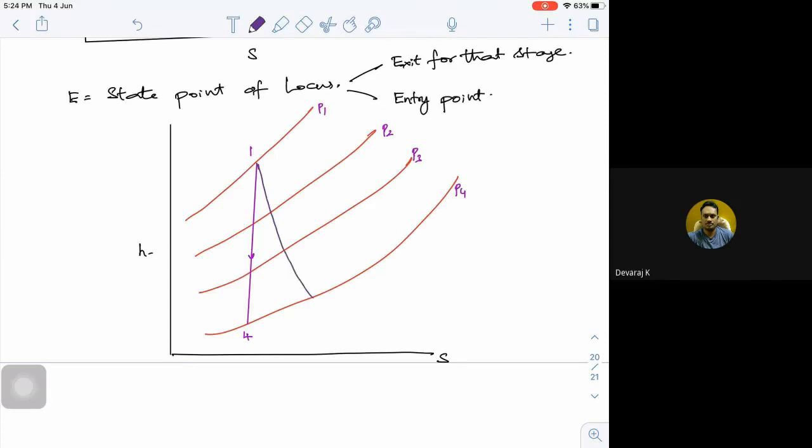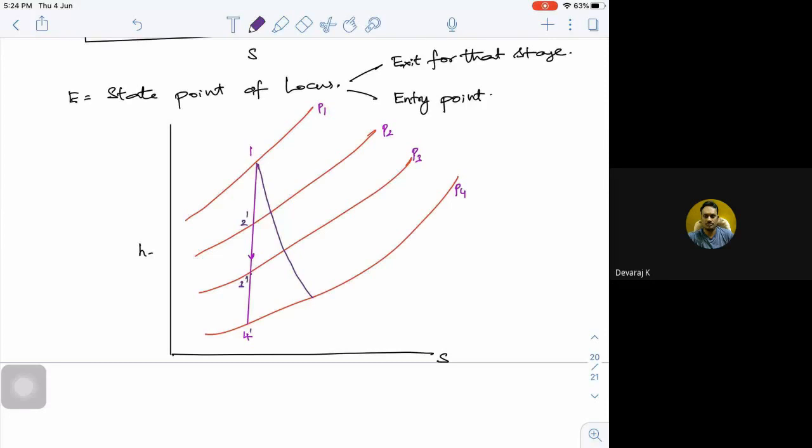Okay. At any given point, look at this. If I try to draw a line, this is my point 2, this is your point 3. This is the actual point 2, and I call this 2 dash and 4 dash.